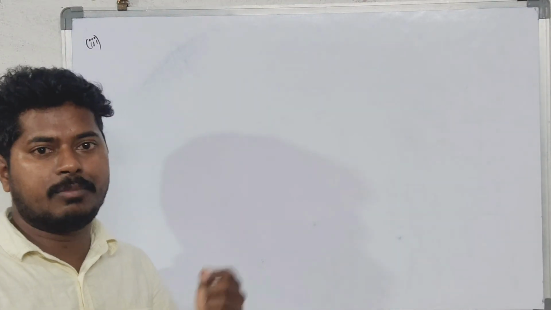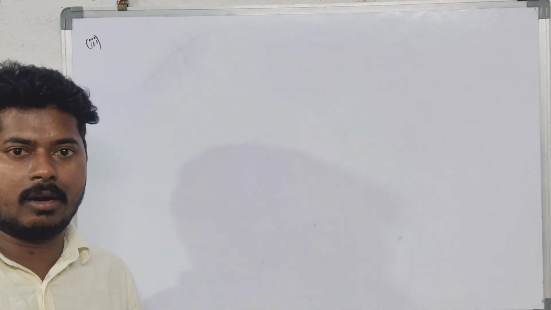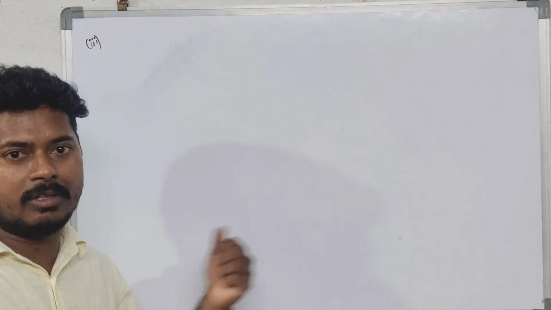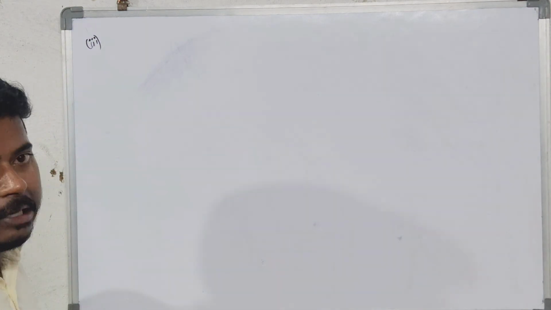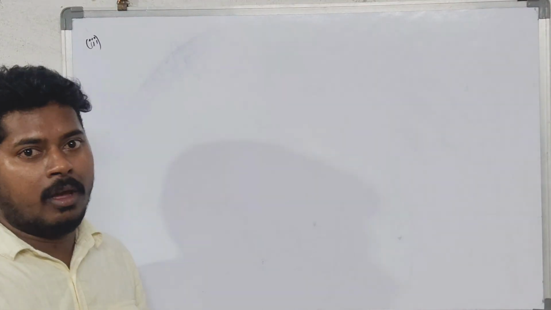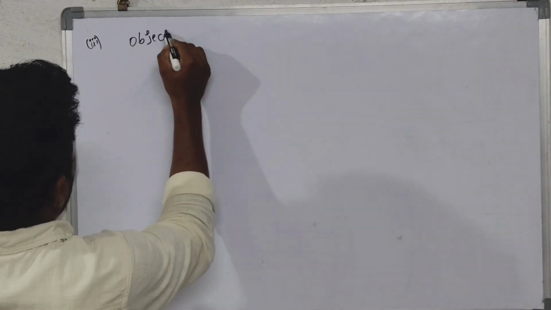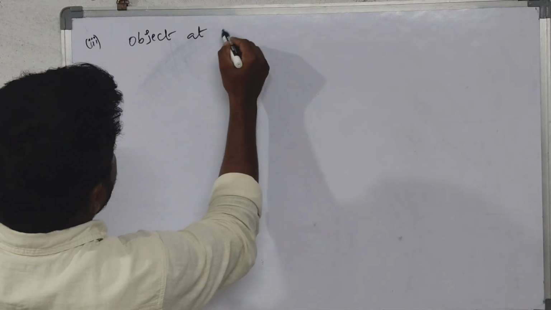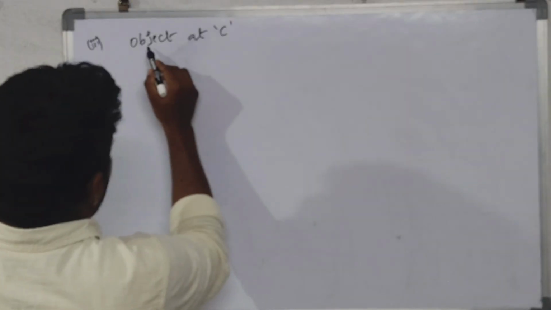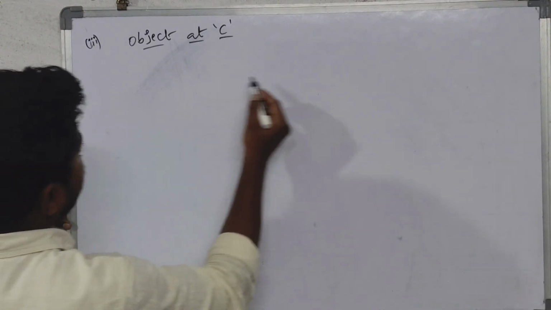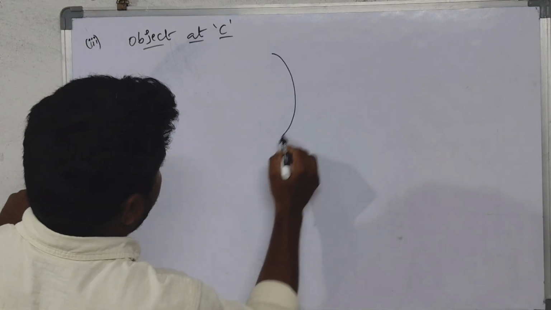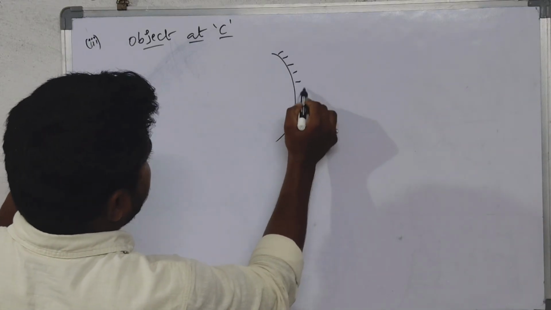We completed when the object is placed at infinity, and we completed when the object is placed beyond the center of curvature. And in this case, the object is placed at the center of curvature C. Let me draw the ray diagram. Concave mirror, curved inward, reflecting surface, object lines are taken outside.